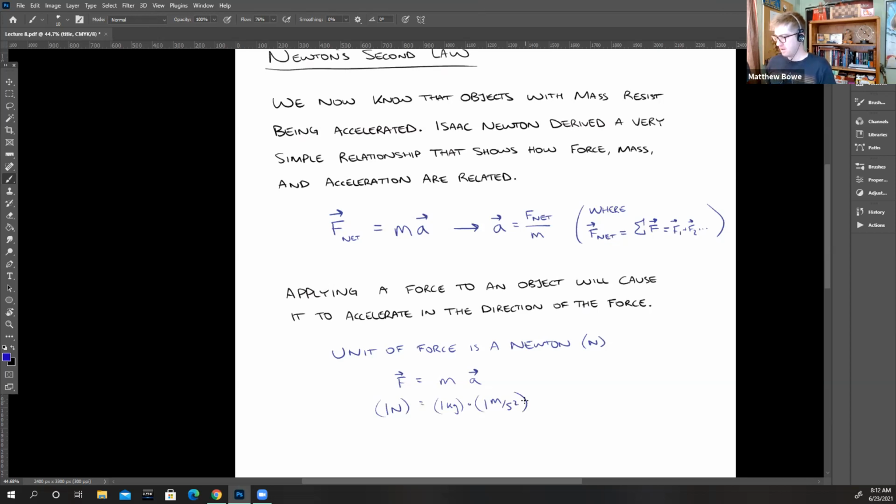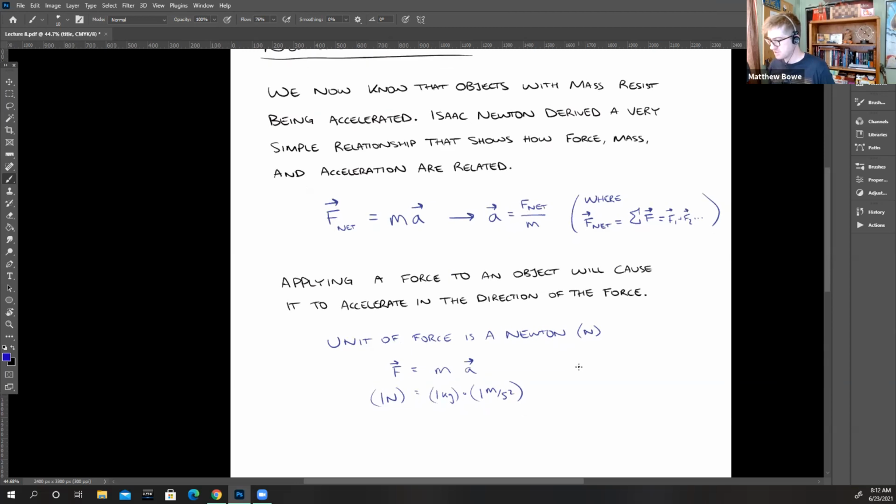This very simple arrangement is all 1-to-1. Whenever you're doing your calculations, it's always important to have mass in kilograms. Also important to have your acceleration in meters per second squared when we're talking about newtons of force.